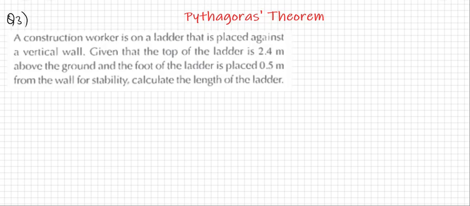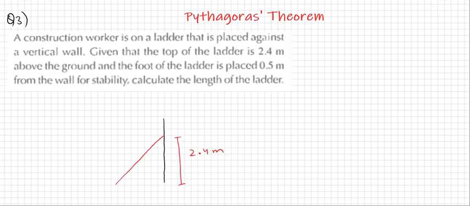What you have to do in the word problems of a Pythagoras theorem is that you have to figure out the right angled triangle, how the right angled triangle is forming. So look, the vertical wall should be like this, right? And it is saying, given that the top of the ladder is 2.4 meter above the ground. So for example, if this is the ladder, it is 2.4 meter above the ground. So the height is 2.4 meters.